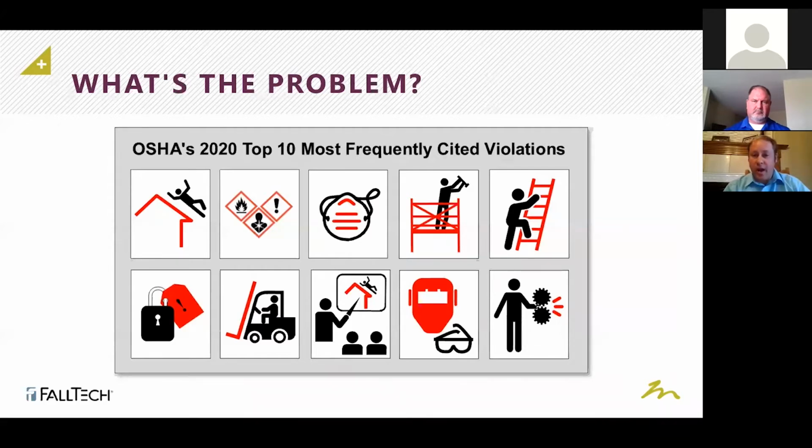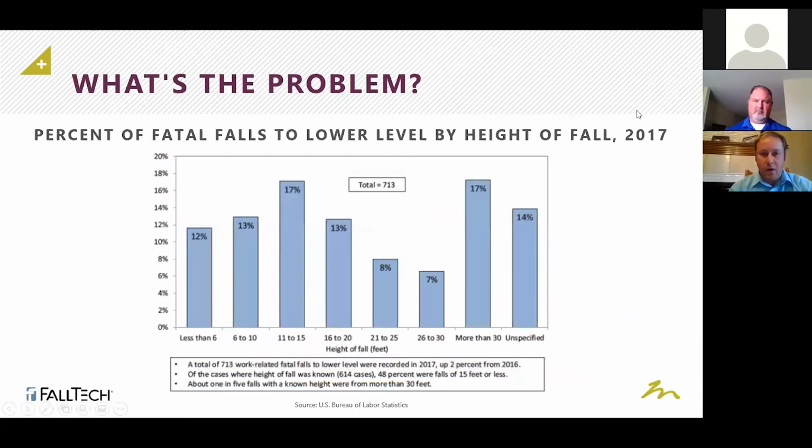And then there's 3,199 violations in HazCom. There's definitely a big difference between that first and second place. And I'm not going to go over these 10 for the sake of time. You could certainly look that up, but you'll also find that fall protection training is down in the top 10 as well. So certainly a reason for pause and to look at this issue.